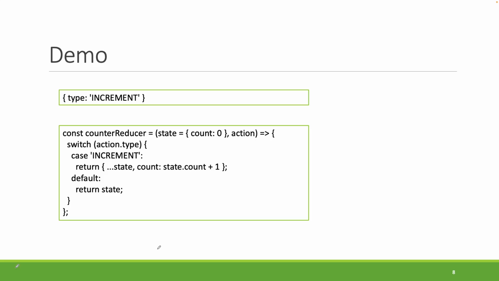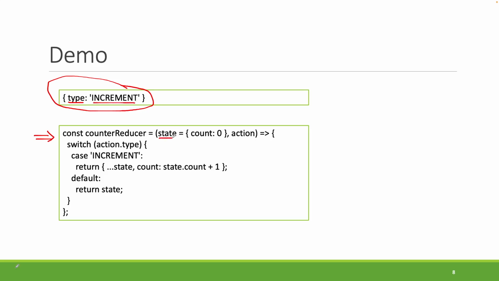Let's give an example. So this is one action. Okay, this is our reducer, which is a reducer function. So for our action, we just describe what we want to do using type. I want to do increment.